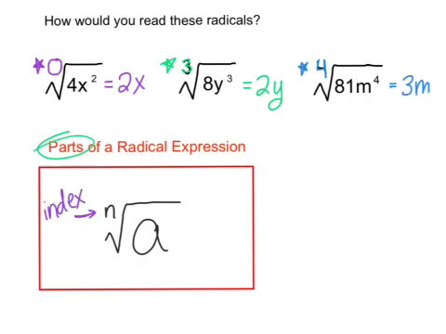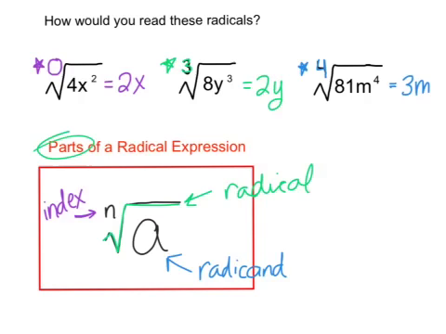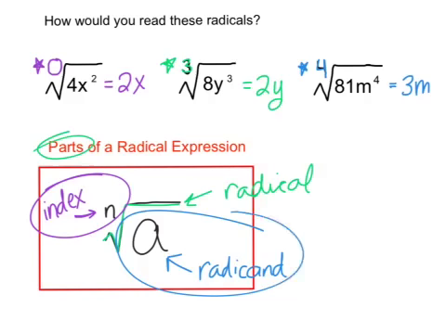It's important to know which part of the radical is your index for later in the lesson. The a is our radicand. Radical, radicand, very similar sounding. And then the symbol itself is the radical. What we're going to hear a lot today are the words index and radicand.